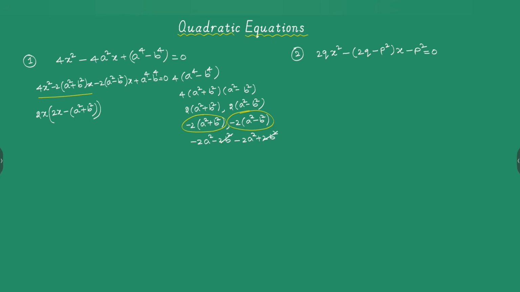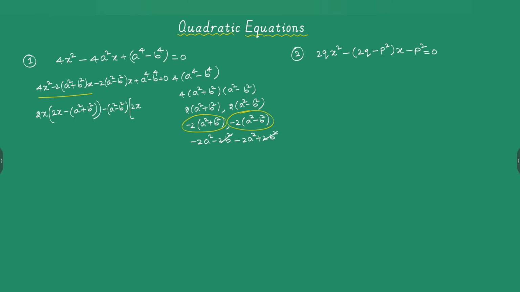Again in these two, we do not have 2 common, we will be having a square minus b square common. So we will take minus of (a square minus b square) common, so that 2x will be left here. Here a power 4 minus b power 4 is (a square plus b square) into (a square minus b square).